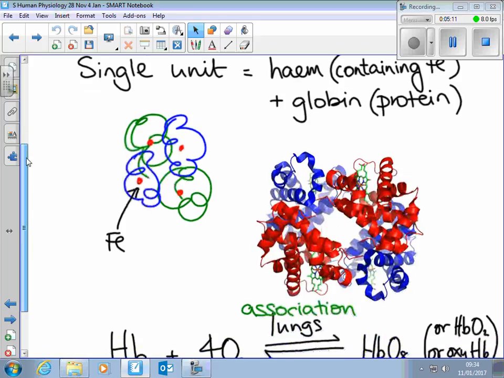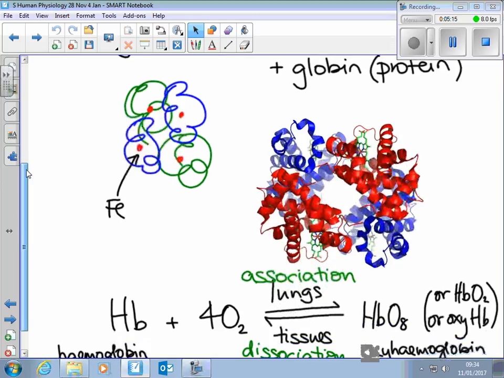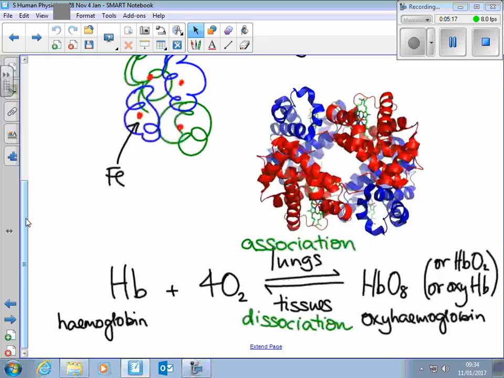So a whole hemoglobin molecule with its 4 iron atoms in it can carry 4 molecules of oxygen. Consequently, we have this little equation at the bottom here, where a single molecule of hemoglobin combines, or associates, is the word that we would use, with 4 oxygen molecules in the lungs, and that association word is quite useful.